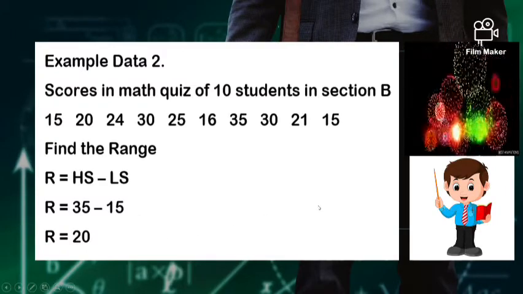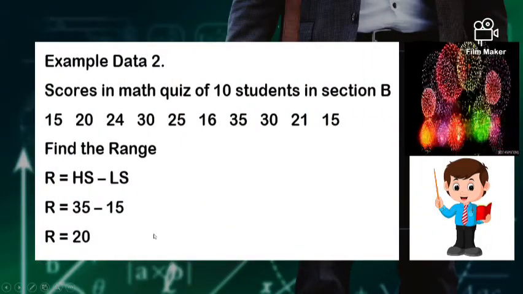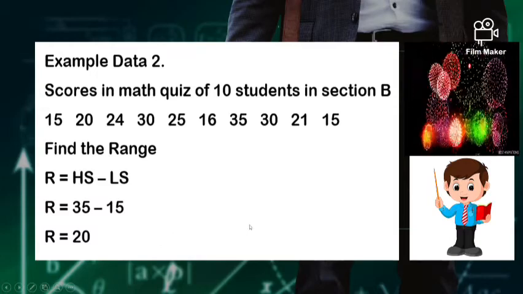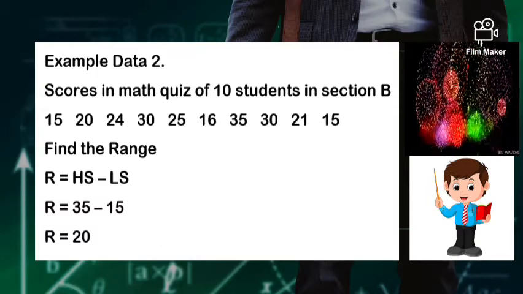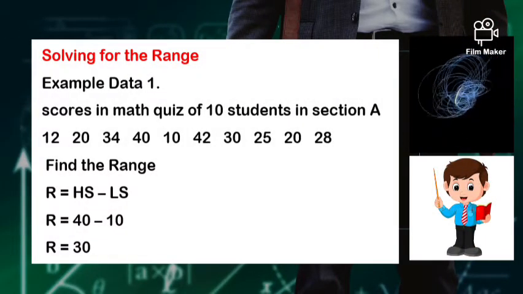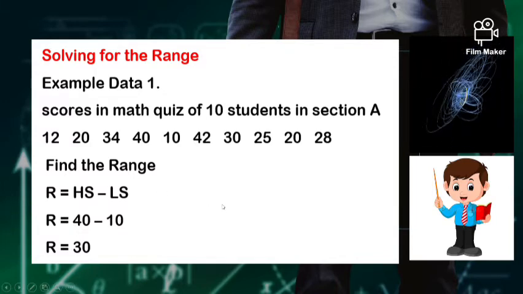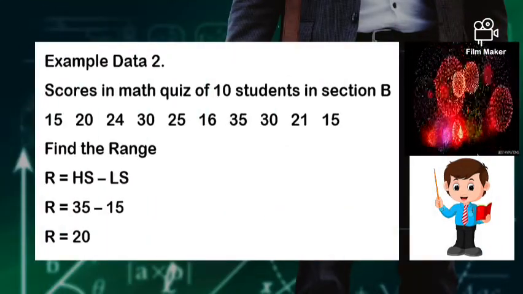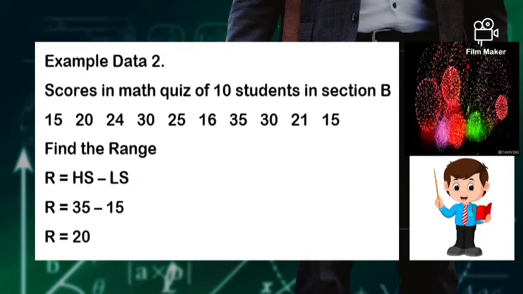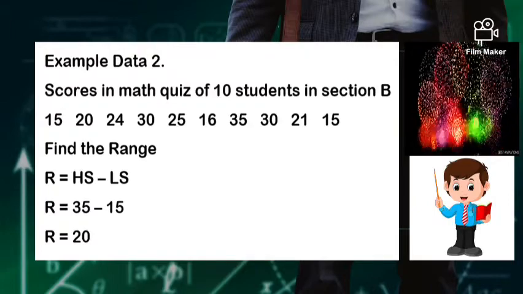Now let's compare. The range in section A is 30 and in section B is 20, which means in section B the scores are closer to each other compared to section A. It's more scattered in section A. This will give us an idea how range is used to interpret or analyze raw scores.